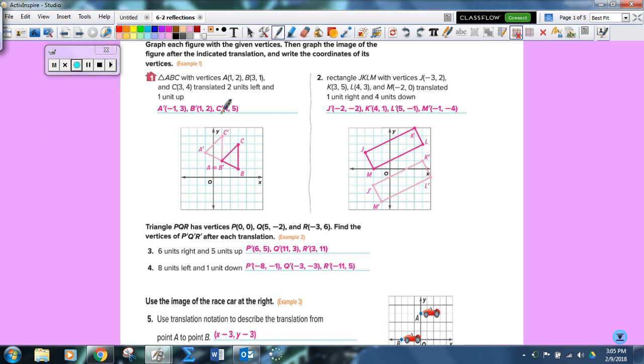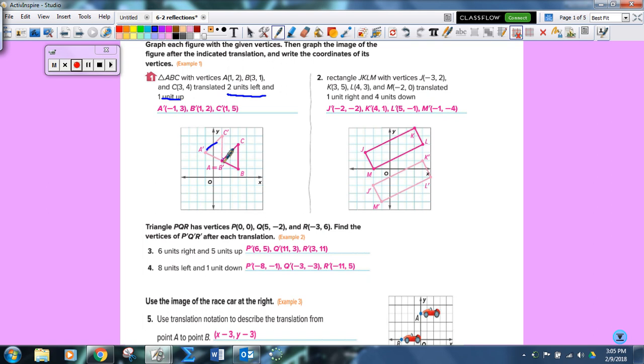So if we look at last night's homework, number 1, the first thing you had to do was plot triangle ABC by plotting the points 1, 2, 3, 1, and 3, 4. It then asked me to translate 2 units left and 1 unit up.